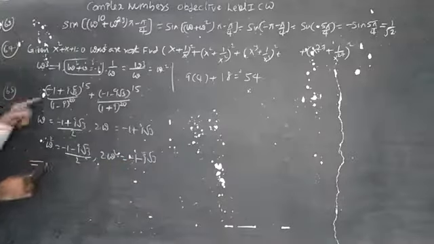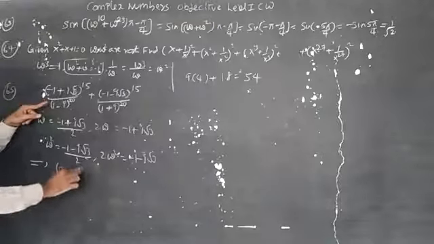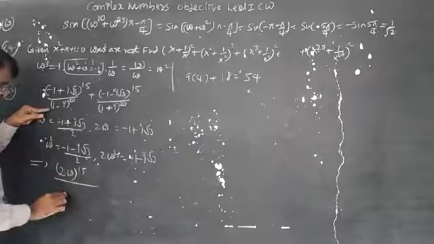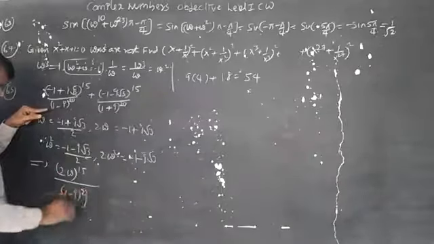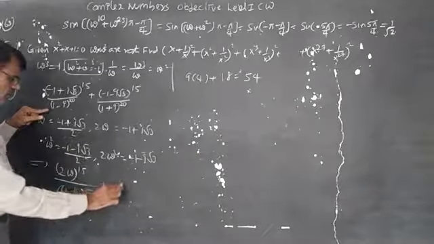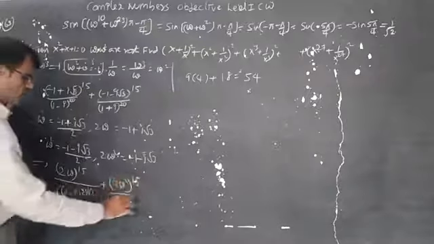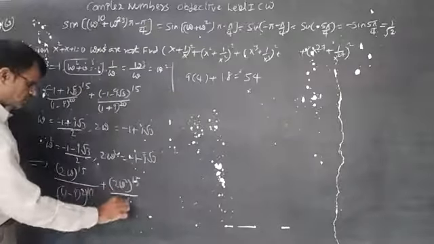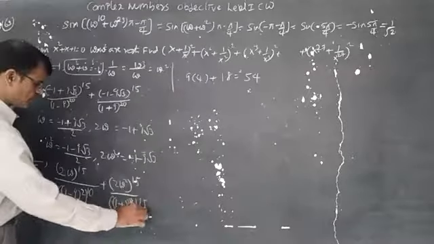Substitute the value here. This is (2 omega) whole power 15 whole by (1 minus i whole square) whole power 10, plus (2 omega square) whole power 15 whole by (1 plus i whole square) whole power 10.